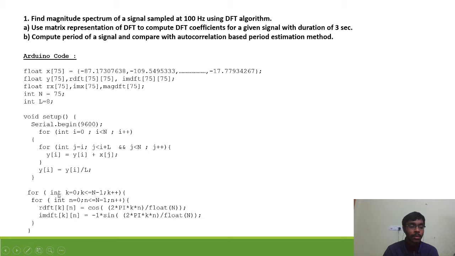Now on that smoothened signal we are calculating the real DFT matrix and imaginary DFT matrix. That is for k equal to 0, k less than N minus 1, k plus plus. For n equal to 0, n less than N minus 1, n plus plus. RDFT[k][n] equal to the real part, which is cos 2 pi k n divided by N, and the imaginary part is minus sin 2 pi k n divided by N.